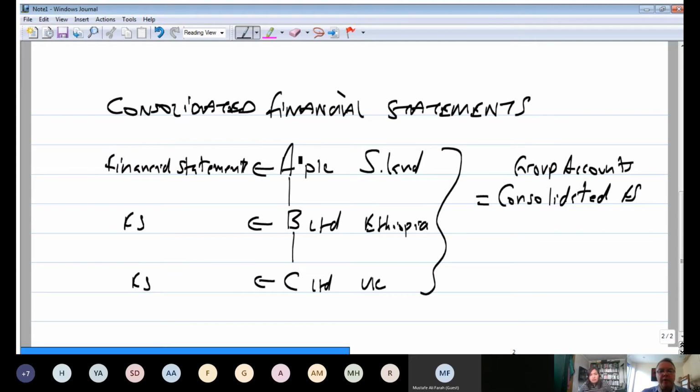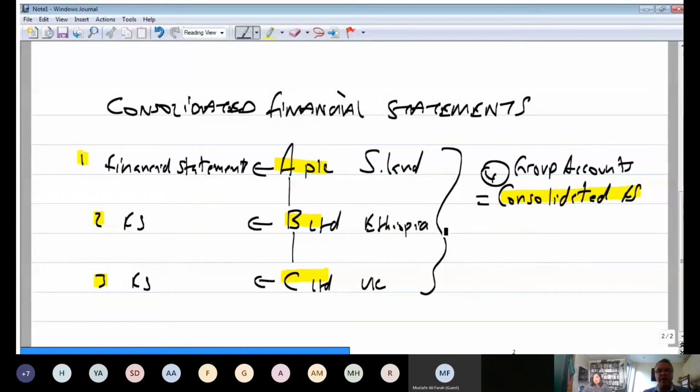So ultimately, we've got a whole situation here where A owns B and A owns C. And individually, they'll produce their financial statements. We know that. Plus, they'll also produce the consolidated financial statements. And all it basically means is that you add together number 1, number 2, and number 3 financial statements into number 4 financial statements.